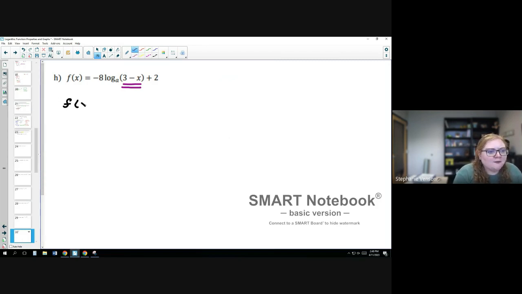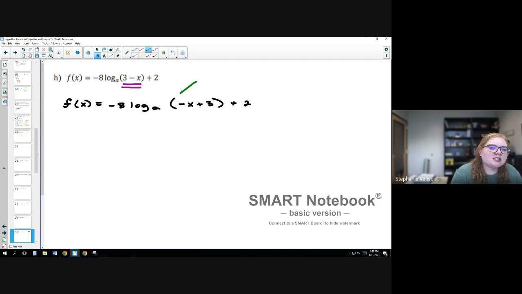So we have f of x is equal to -8 log base a of, now I'm going to write that in the proper order. Instead of 3 minus x, I'm going to say -x plus 3, and then I'm going to close the parentheses and put plus 2.